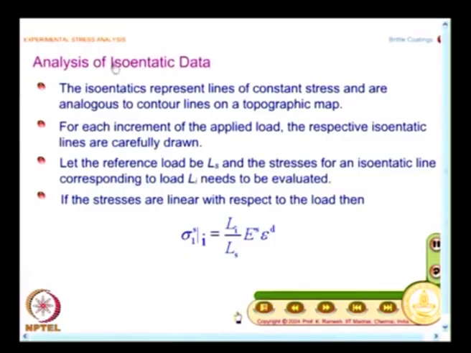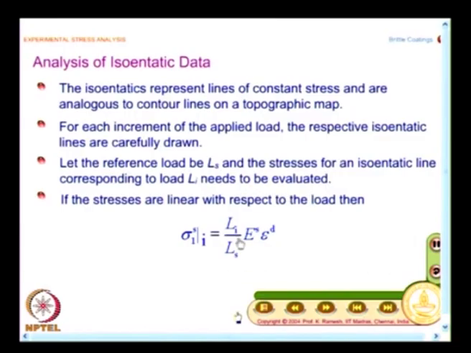So, what you have here is when I want to do the analysis of isoentatic data, let us consider the reference load be Ls, and let us find out for an isoentatic line corresponding to load Li needs to be evaluated.